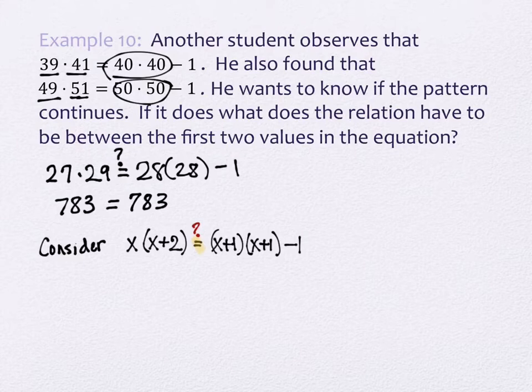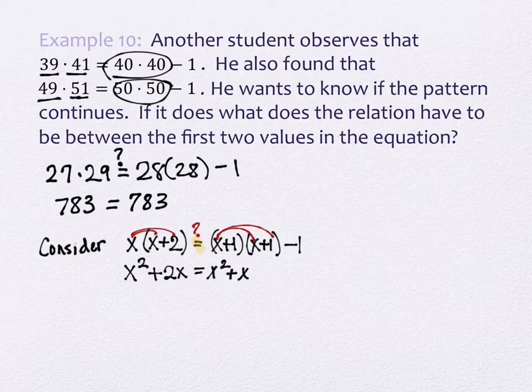So let's see what happens when I do x times x plus 2. What do I get on the left-hand side? We haven't done a lot of algebra in this class, but what would I get if I distribute through here? Good, x squared plus 2x. On the right-hand side you have to remember to distribute. So this x has to distribute to the x and the 1, so this would be x squared plus x.